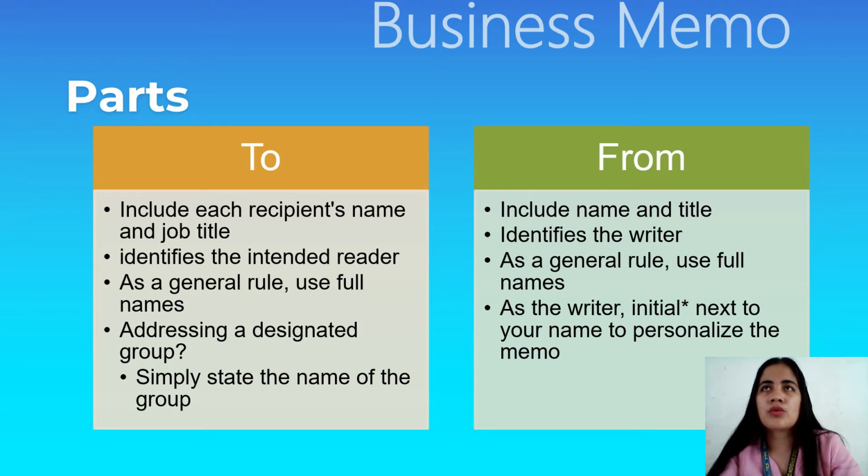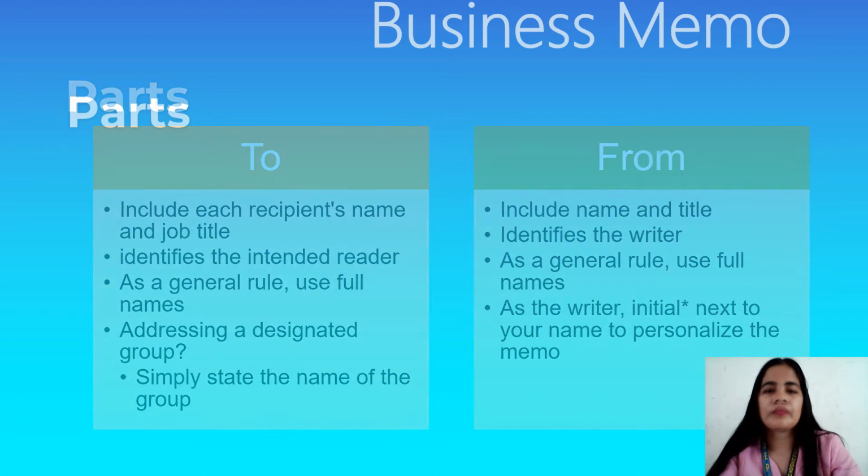From is the writer of the memo. Next is identify the writer, designation. As a general rule, use full names, and use the writer's initials next to your name to personalize the memo. So that is the first part of the memo, the from and the to.